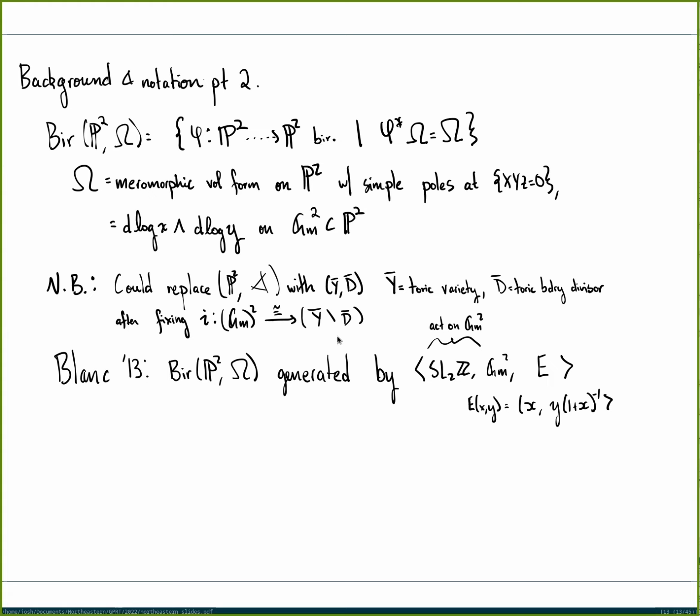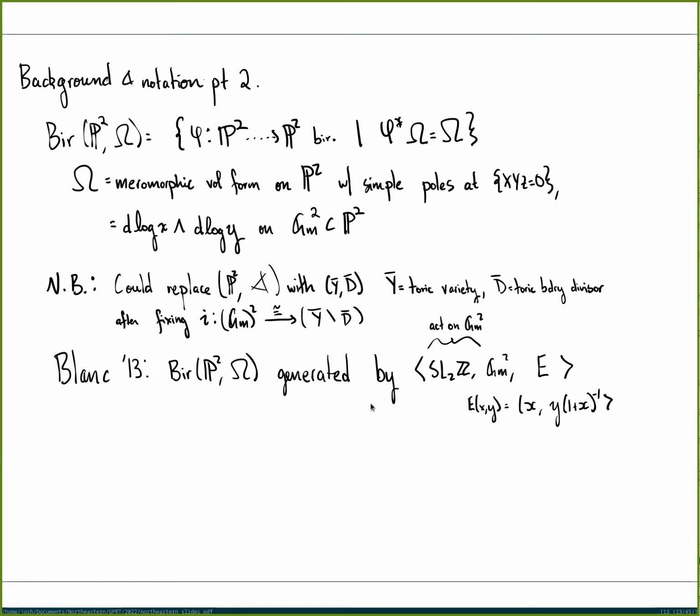It's not even an abstract isomorphism of groups. You could honestly have written Bir(Y bar, omega). This is also going to be the meromorphic volume form in any toric variety that has simple poles along the toric boundary divisors. And then in 2013, Jérémy Blanc showed that this group Bir(P^2, omega) is generated by three sorts of elements.